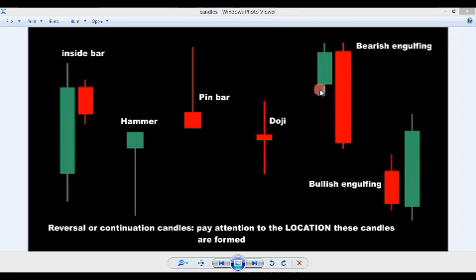The first candle was a bullish candle, and then the candle that followed is a bearish candle, and as we can see, it has completely engulfed the body of the previous candle, which shows bearish pressure, that the bears are willing to push the price to the downside. That is why they are able to completely engulf the body of the previous bull candle.